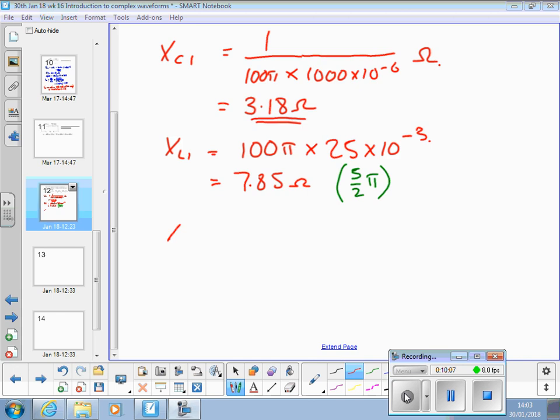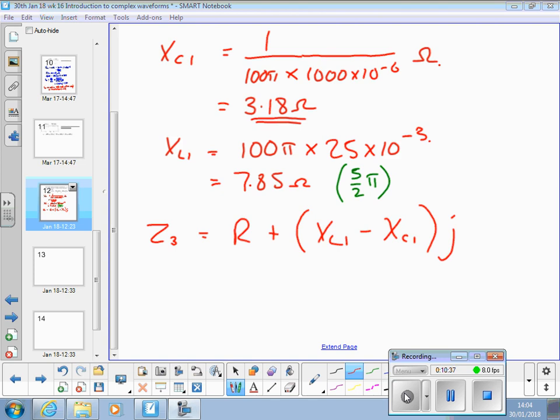Yeah, that's going to be around 4 point. Is there a way we could do that a little bit more succinctly, do you think? You'll have probably got the right answer if you've taken that away from that. So you can do it as R plus XL1 minus XC1 j, can't you?